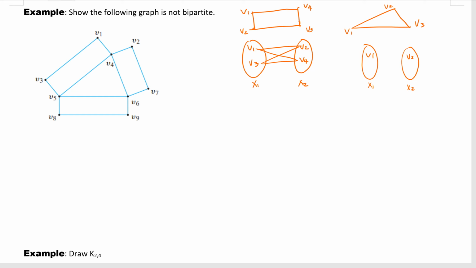But V3 is also adjacent to V1, so it should be in x2 here. But there's a contradiction because now V2 and V3 are adjacent. This is a contradiction. So far, so good. For all the vertices in the same set, there's no edge between them.